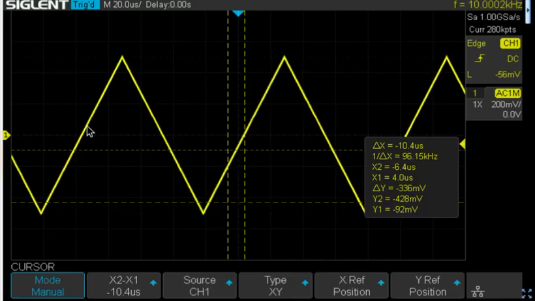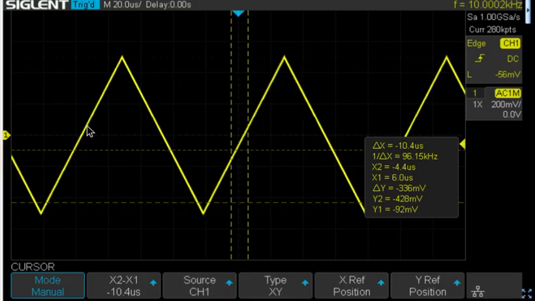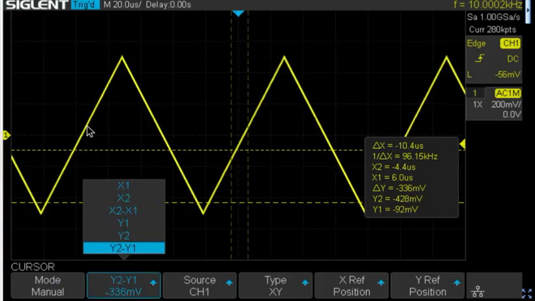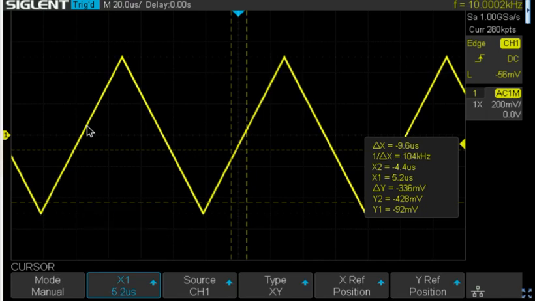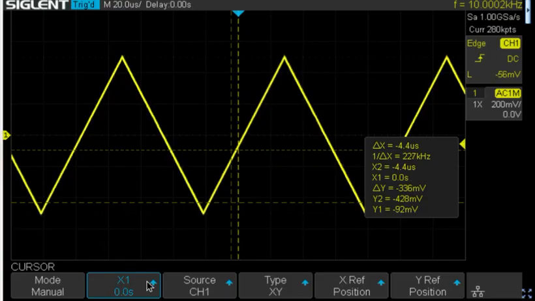So if I move, as I select a cursor, you can also, and yours should be the same, select X1. I just prefer to use the multifunction knob for everything. Okay, let's just select that right on the center: 0 time, 0 time.